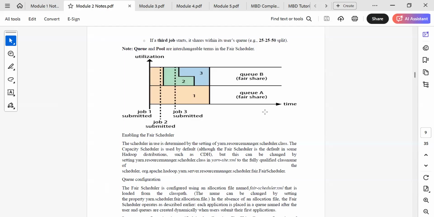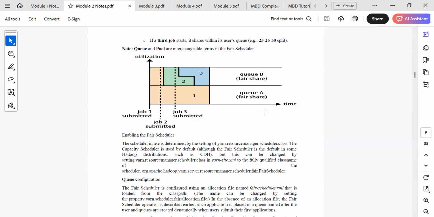Enabling the fair scheduler: the scheduler is determined by the setting of yarn.resourcemanager.scheduler.class. The capacity scheduler is used by default, although the fair scheduler is the default in some Hadoop distributions such as CDH.